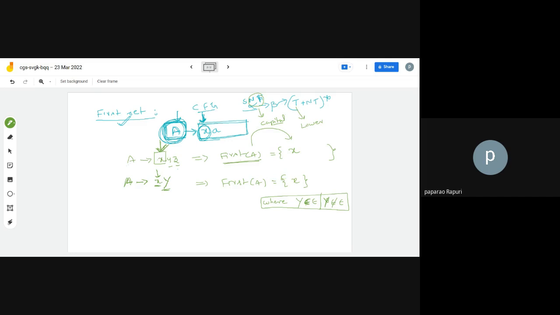So this is the first rule, or one type of production we may get, and this is the second type of production.